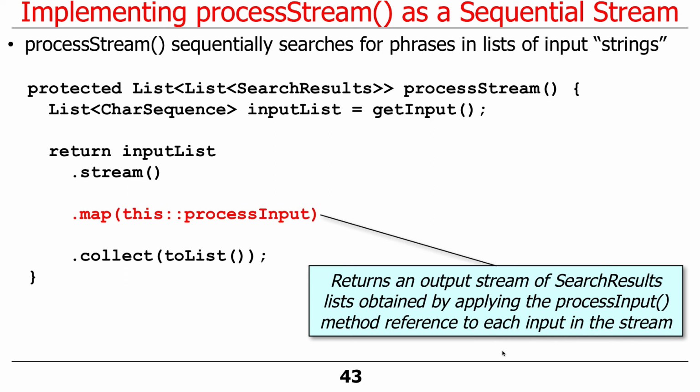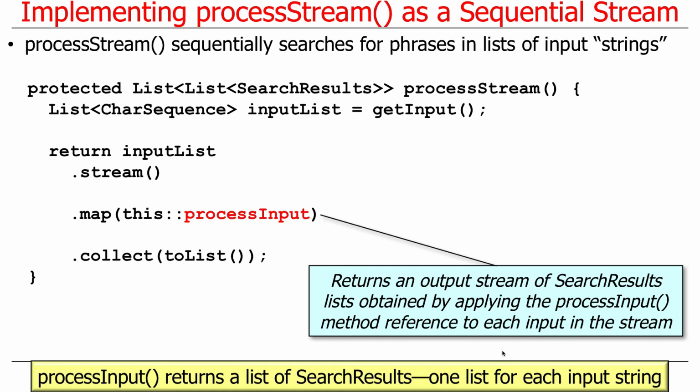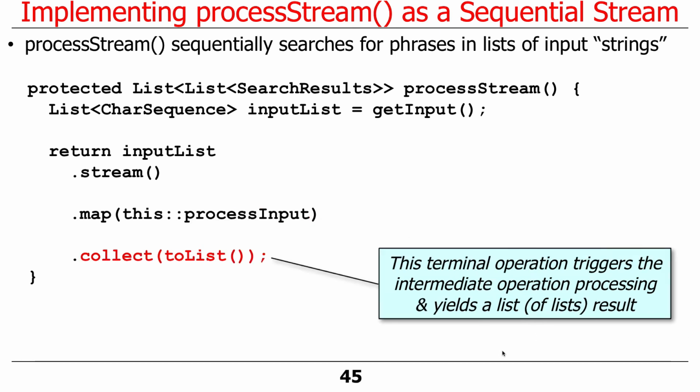So it's a stream of lists of search results, kind of a mouthful, and you'll see how that gets used. Then there's a list for each input string. So for every input string, we're going to get back a list of phrases that matched. And then we're going to take that and collect it together into another list.